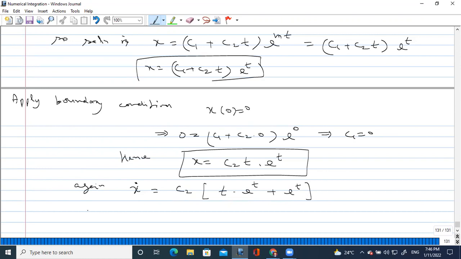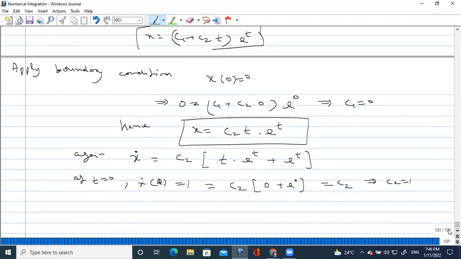Now put t equal to 0: x dot(0) is 1, and the right hand side is c2 (0 plus e to the power 0), which is c2. So this implies c2 is equal to 1. Hence x will become t into e to the power t. So this is the final answer.